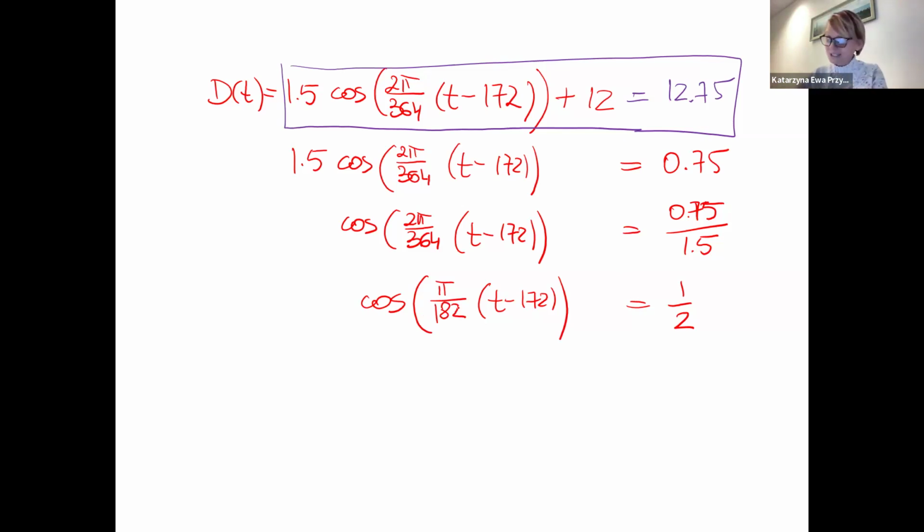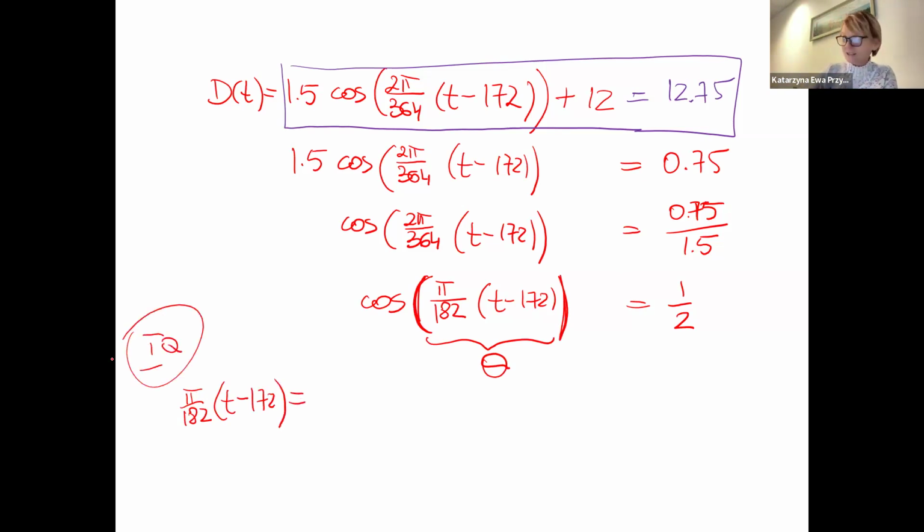Now cosine of that angle. That's the entire angle. Cosine for what angle is equal to 1/2? We need the first quadrant because cosine is positive in the first quadrant.